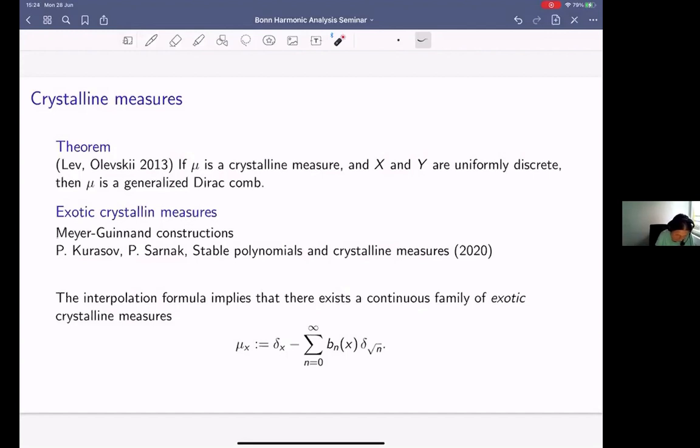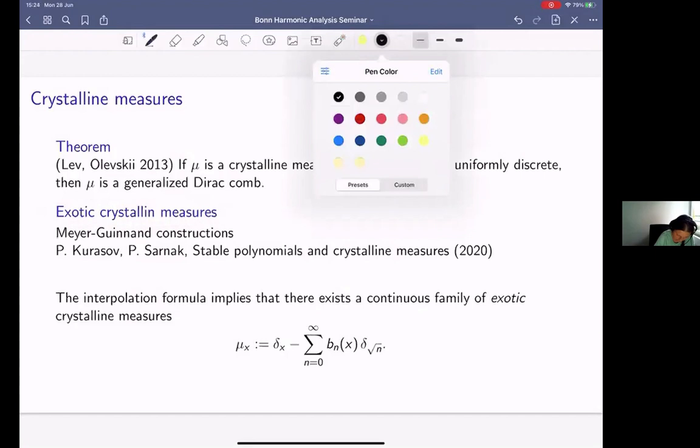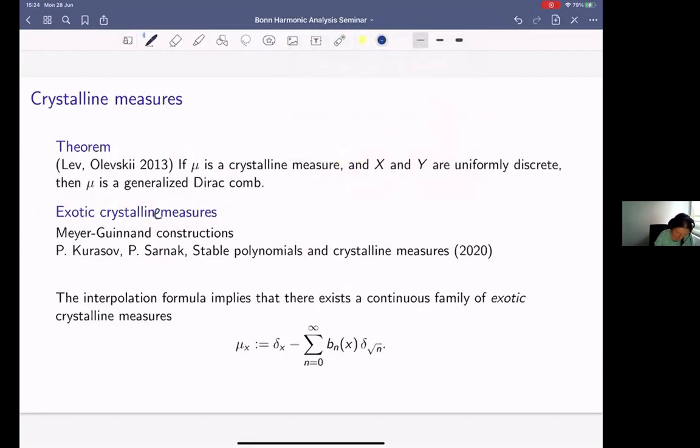There are also interesting examples of exotic crystalline measures. Exotic crystalline measures are the measures which are not generalized Dirac combs. Here there are some constructions, for example, already classical ones by Meyer and Guinand, and they also come from various summation formulas or from modular forms.